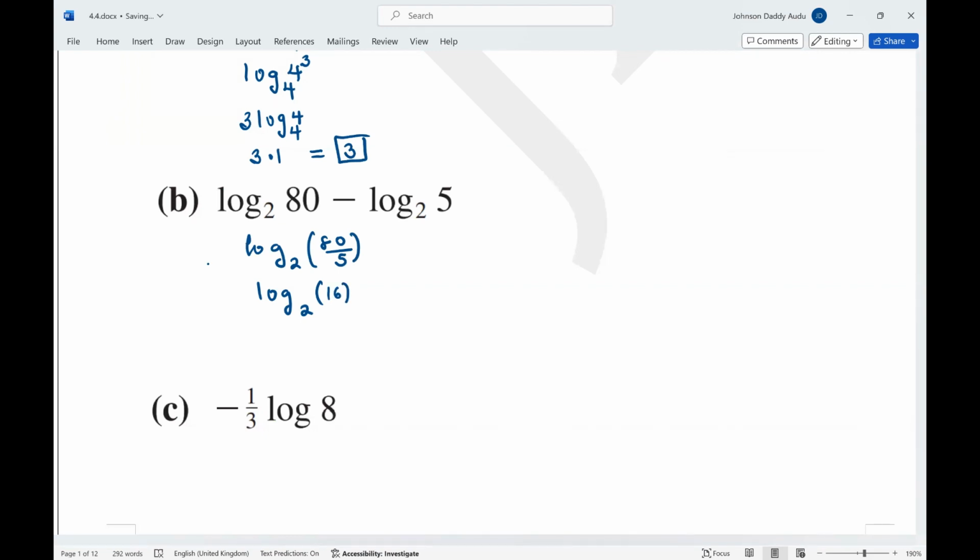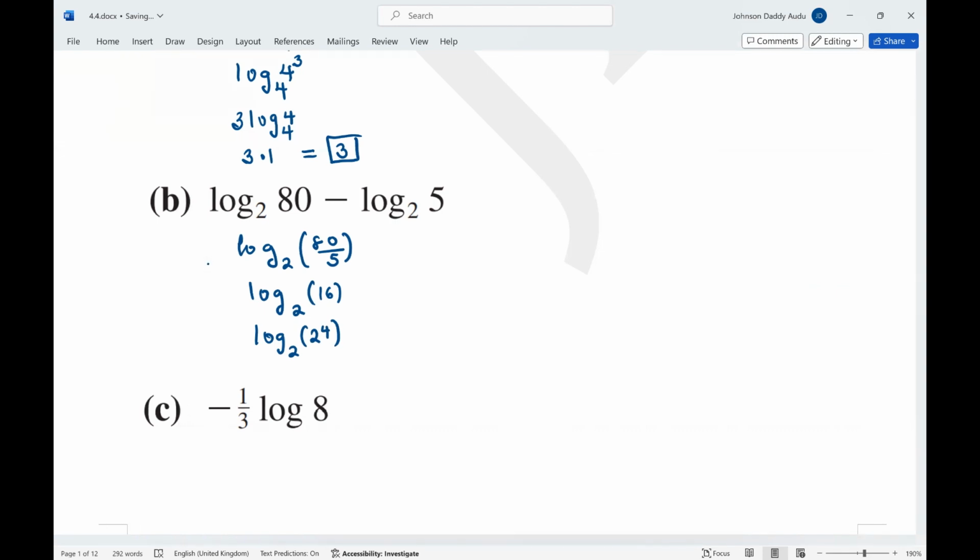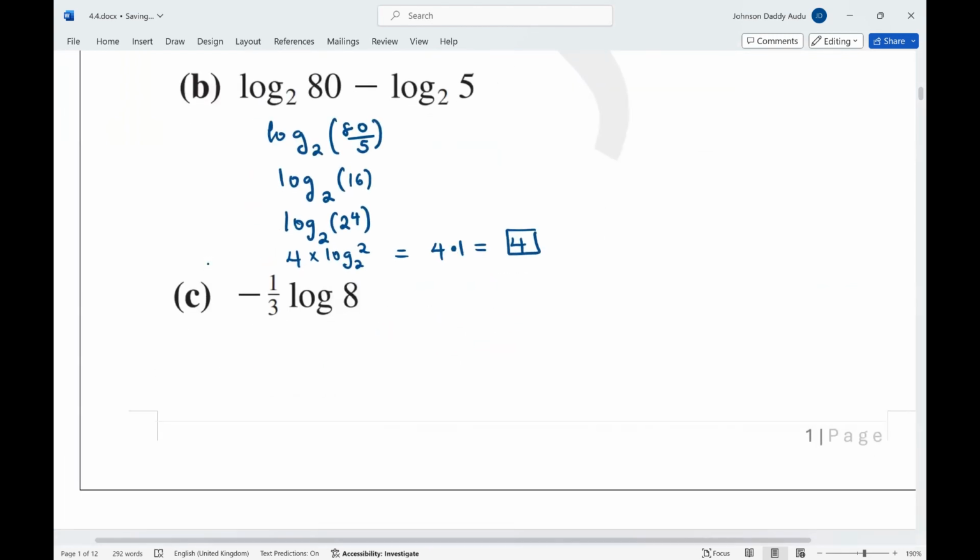Which we can also write as log to base 2 of 2 to power 4. Then we can use the power law now. The 4 will come down. So you have 4 times log to base 2 of 2. And this will be just 4 times 1, which is equal to 4. Then for C, you just use the power law.